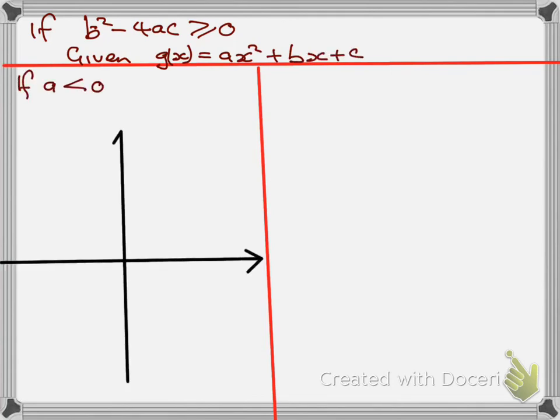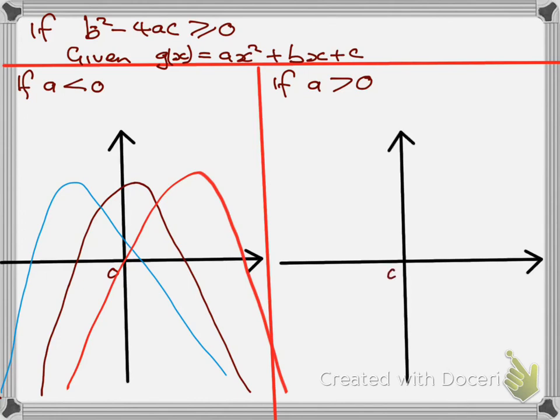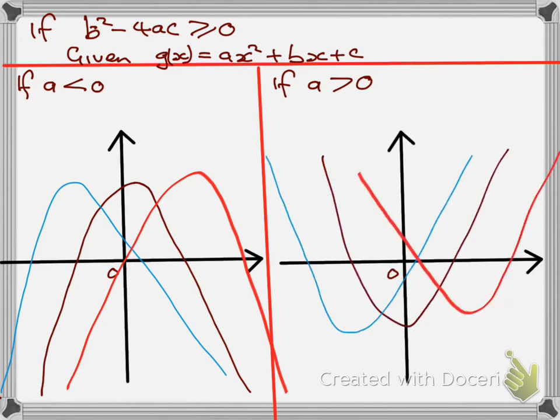If a is less than 0, there is a maximum point, and the graph cuts the x-axis at 2 points. The same applies when a is greater than 0, where there is a local minimum point. So you can see we can use the nature of roots to help us describe how the graph would look.